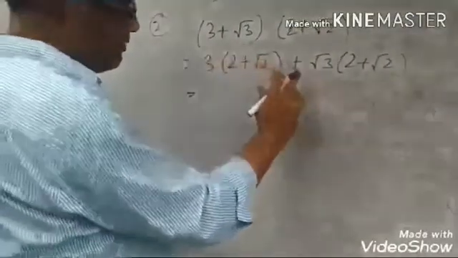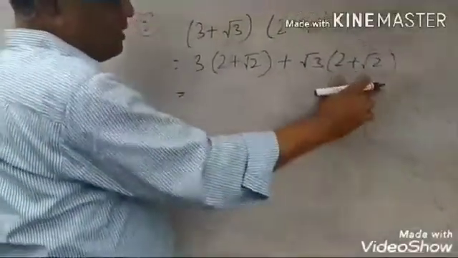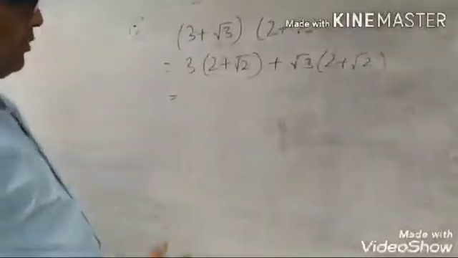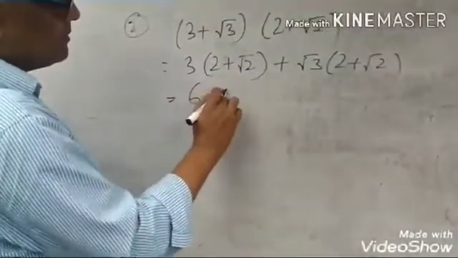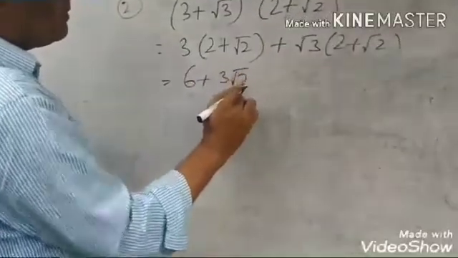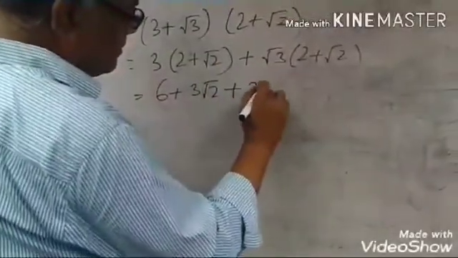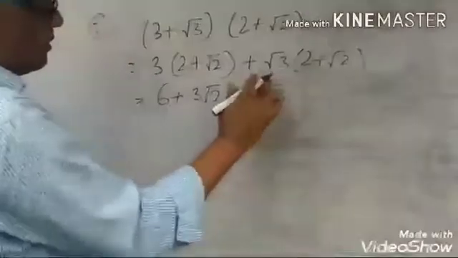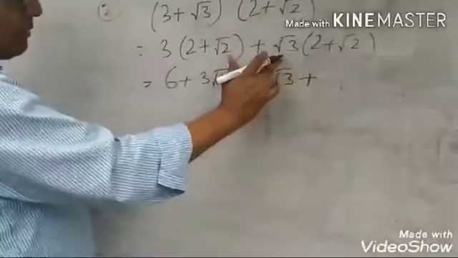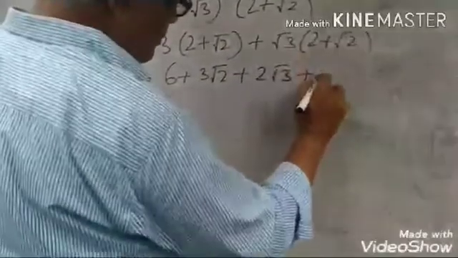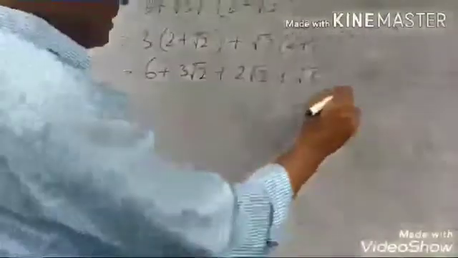Again I have taken plus under root of 3 multiplied by 2 plus root 2. 3 twos are 6, 3 root 2 plus 2 root 3 plus root 3 multiplied by root 2. We get root 6. This is the answer.